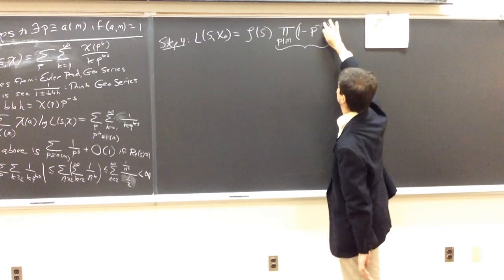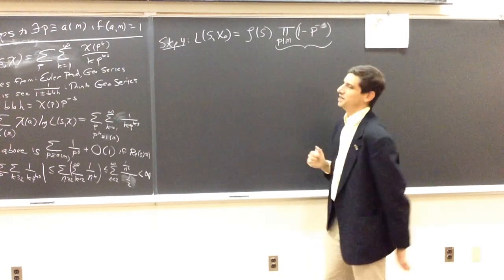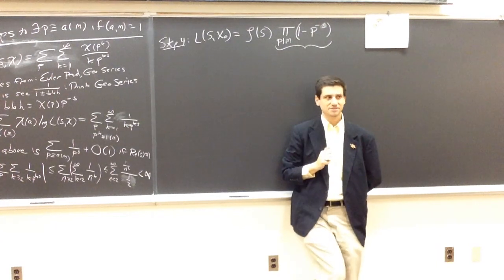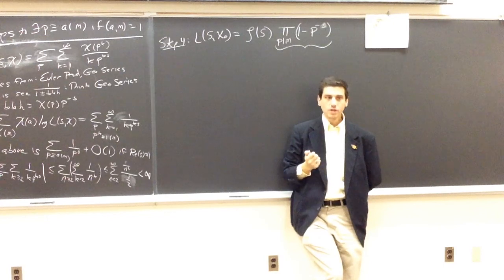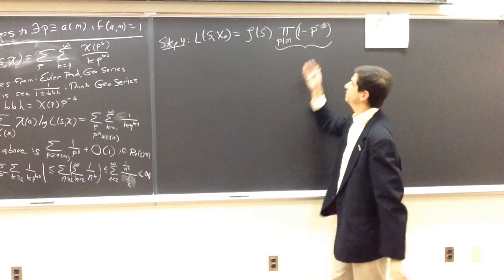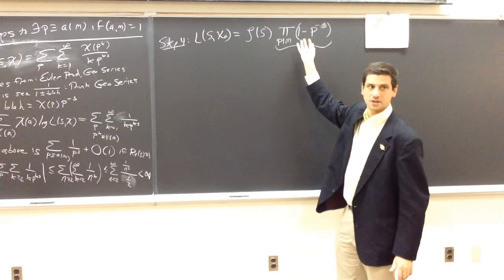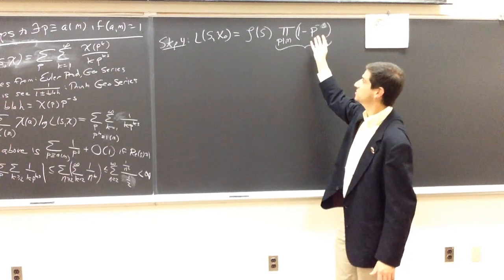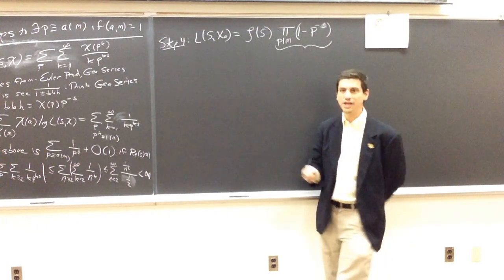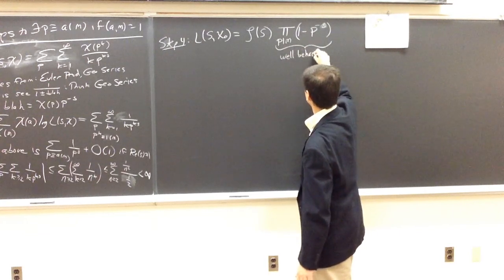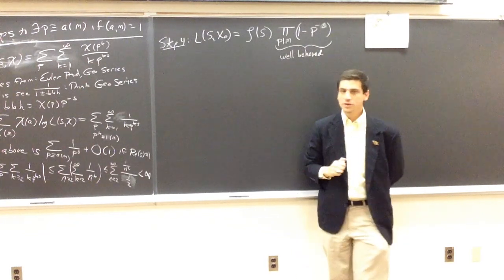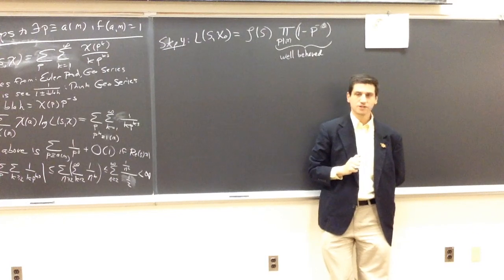It should not be minus m, it should be minus s. So do you think this has a strong effect or a weak effect? A weak effect. This is a finite product. As s goes to 1, it doesn't matter what it's doing. This is well behaved, so that is going to have absolutely no effect on what's going on.